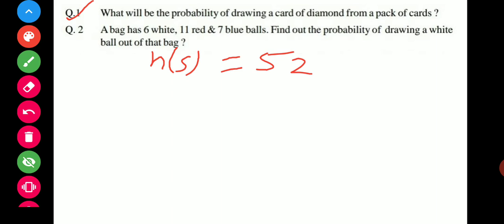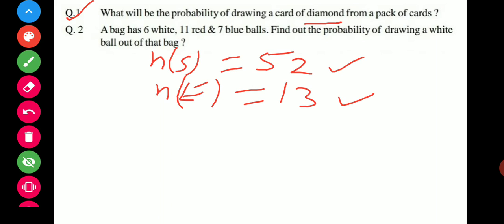There are 4 types of cards, in which one is diamond. डायमंड को हम हिंदी में ईंट का पत्ता बोलते हैं. So that is 13, and NE is given as 13. ये डायमंड पैक ऑफ कार्ड 52 का होता है, उसमें 13 डायमंड होते हैं.